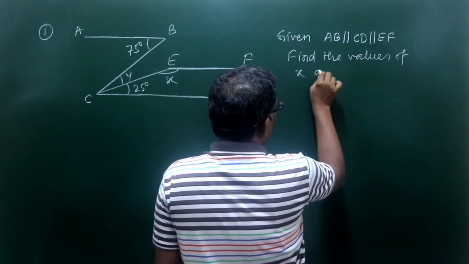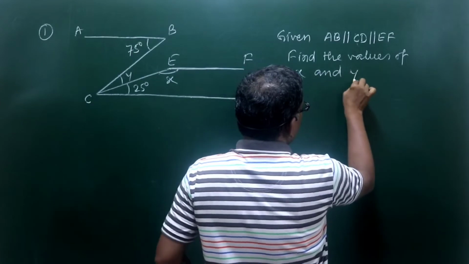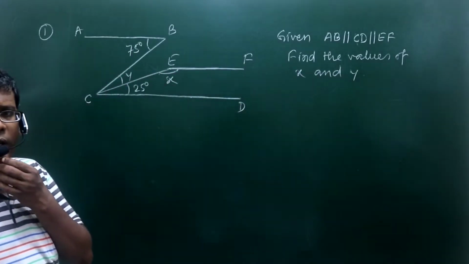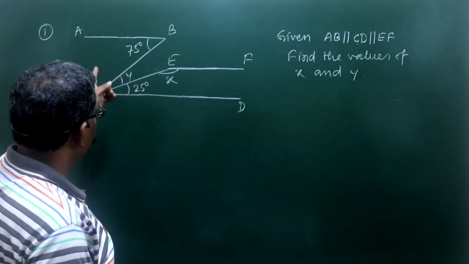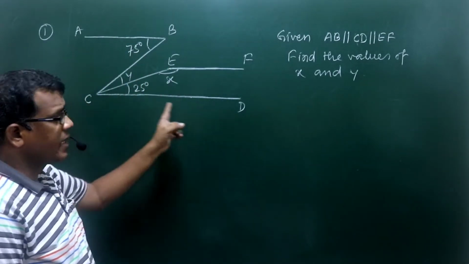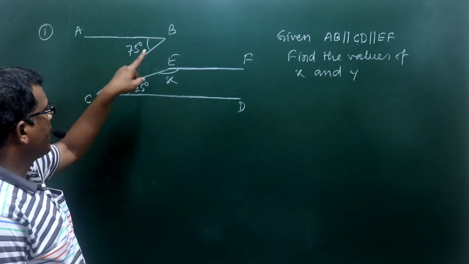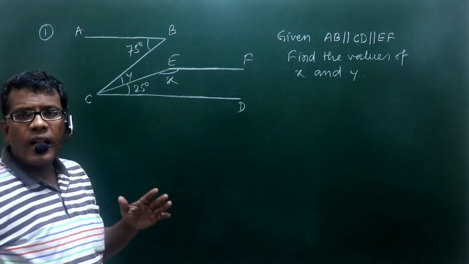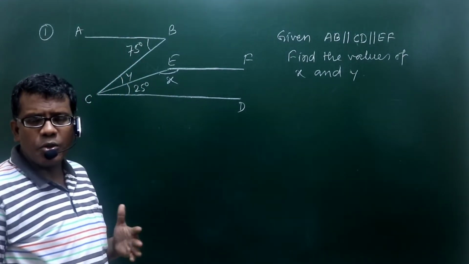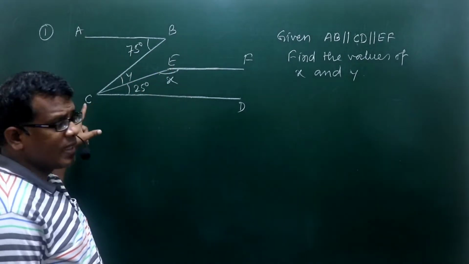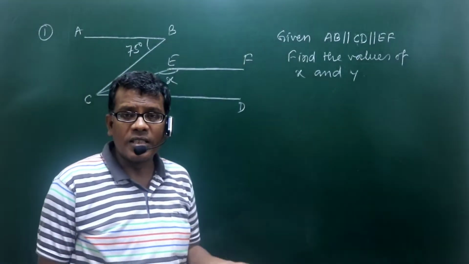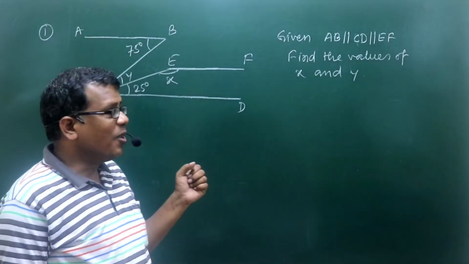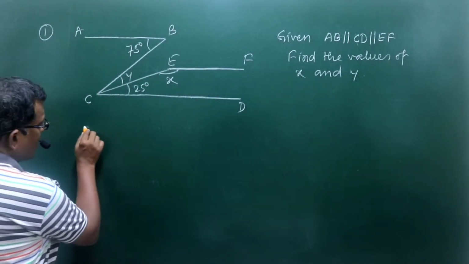X and Y, right? In this particular one, being AB and CD parallel, I can take BC as the line cutting these two parallel lines at B and C, so it can be said to be a transversal line. So BC will be a transversal line.